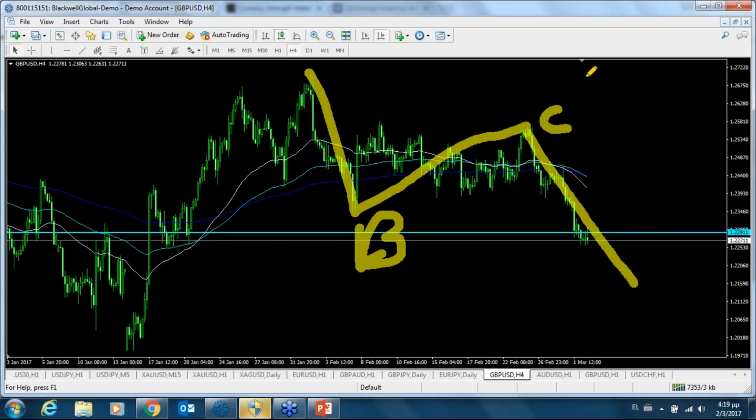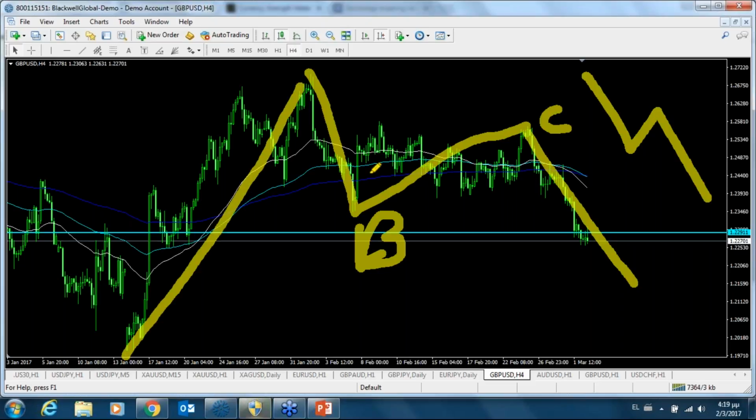Usually if you've got A, B, C, it's nice if this is not too broad, not too much horizontal, because this will increase your risk. Then you will look into your M pattern behaving like this. The nicer the M, the nicer your probability to reach your target.